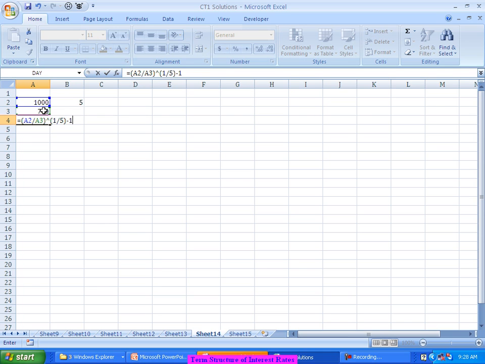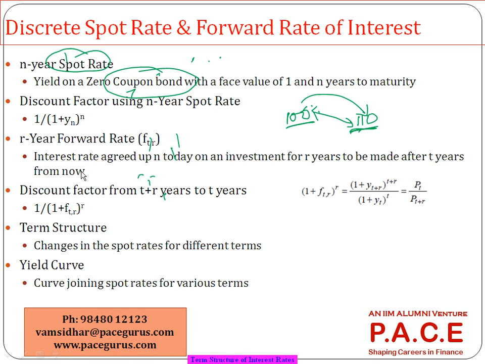This is a compounding interest formula. It says around 7.4% happens to be the 5-year spot rate. In this example, almost 7.39% happens to be the 5-year spot rate. So that's how we define the N-year spot rate.